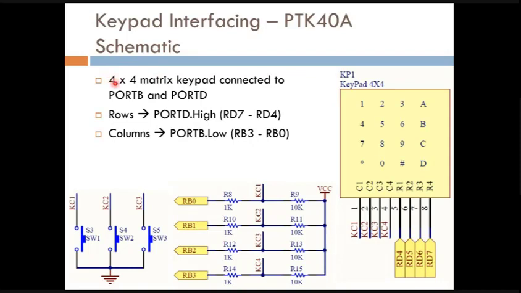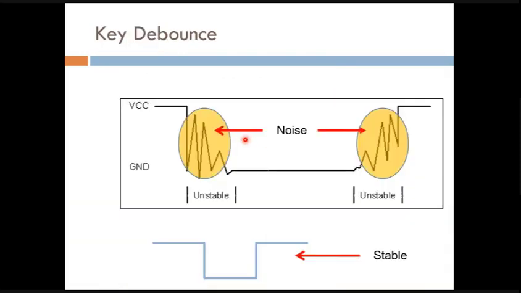Okay. So we know for PTK 40A, the connection will be that 4 bits connect to port B, and then the remaining 4 bits, from the whole 1 byte, connected to port D. So the arrangement would be that row, we connect that to port D, starting from RD7 to RD4, and then for column, we reserve that for RB0 to RB3.